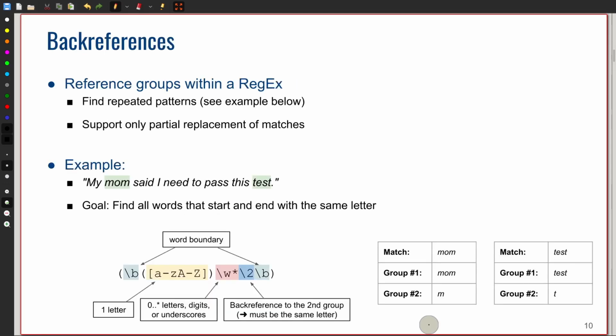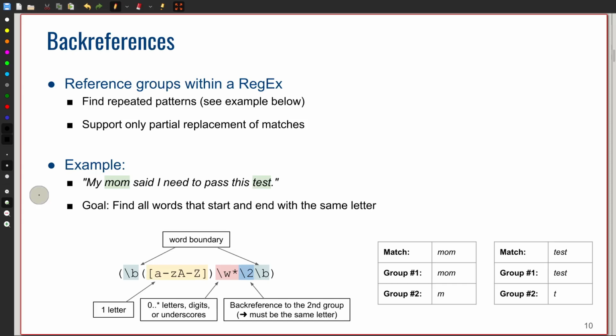A straightforward extension to groups is what is called back references. This allows us to reference groups within a regular expression. The most common example is to use this to find repeated patterns. So let's jump directly to the example. Here we have the sentence, my mom said I need to pass this test.